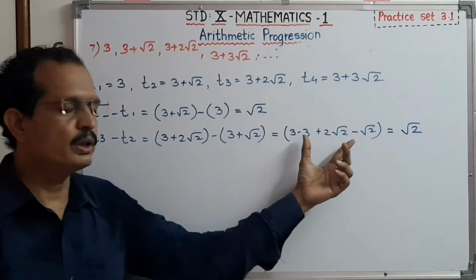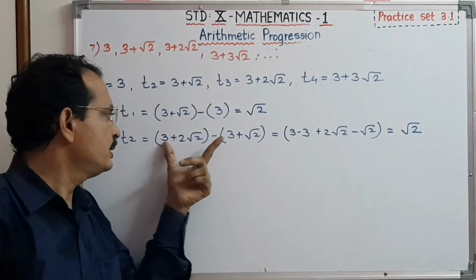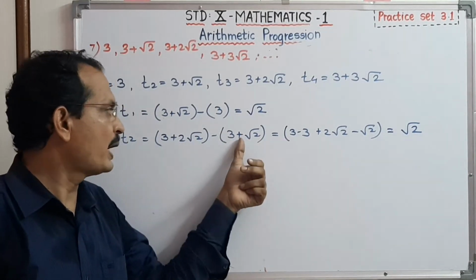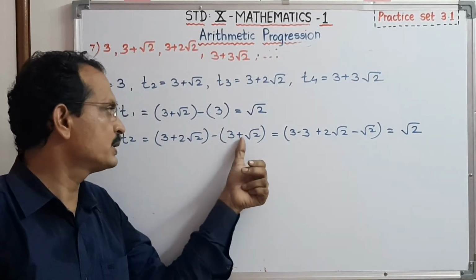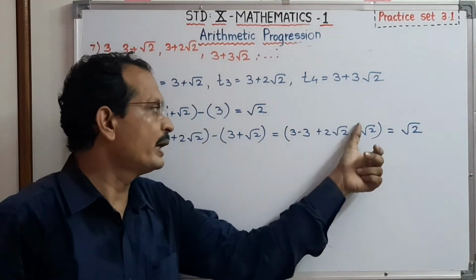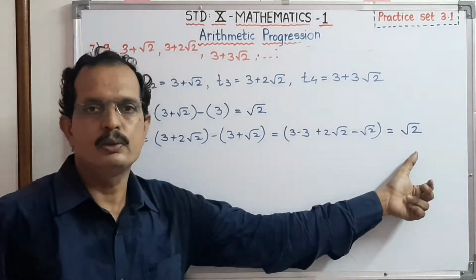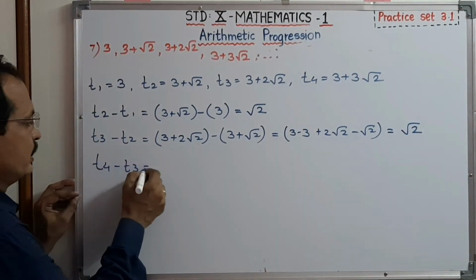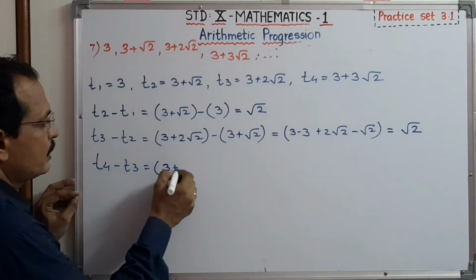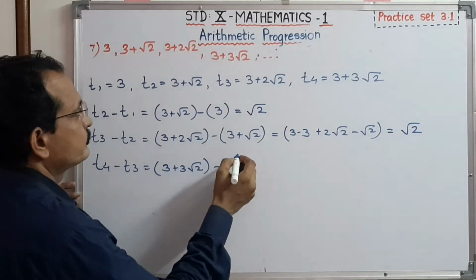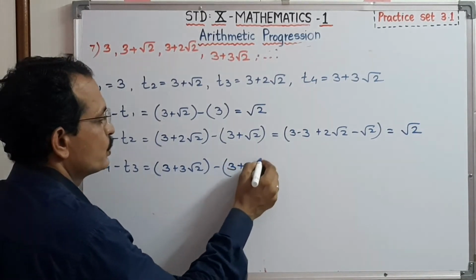Try to understand this. This 3 minus 3 and 2 root 2 minus root 2. This minus, therefore this plus will become minus root 2, and 2 root 2 minus 1 root 2 will be root 2. Now T4 minus T3. T4 is 3 plus 3 root 2 minus T3, which is 3 plus 2 root 2.